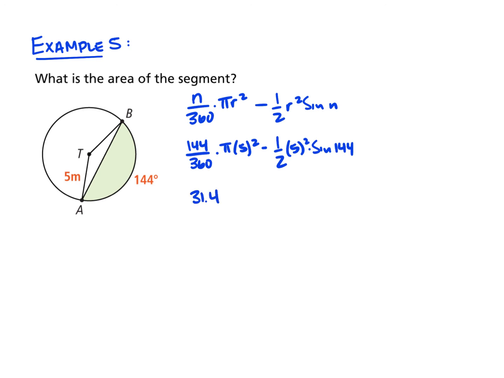Then I'm going to do 1/2 times 5 squared times sine 144. So I'm going to take 0.5 for 1/2 times 25 for the 5 squared times sine 144, and that's going to give me about 7.3. And then I'm going to subtract those two. So 31.4 minus 7.3 is going to give me a value of about 24.1.